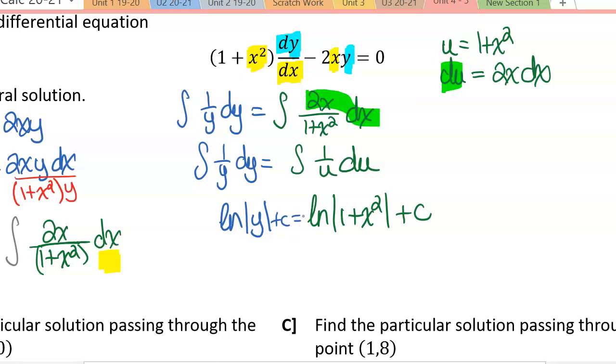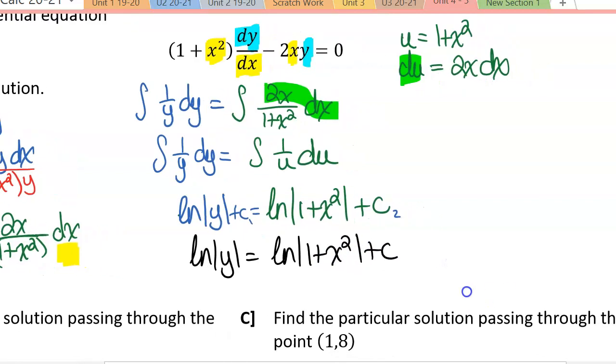We'll see what happens with that in a moment. I have this c1, c2, and technically they can be put together into one plus c altogether. So let's rewrite this as one big problem. Natural log of the absolute value of y equals the natural log of the absolute value of 1 plus x squared plus some c. Just put them together.